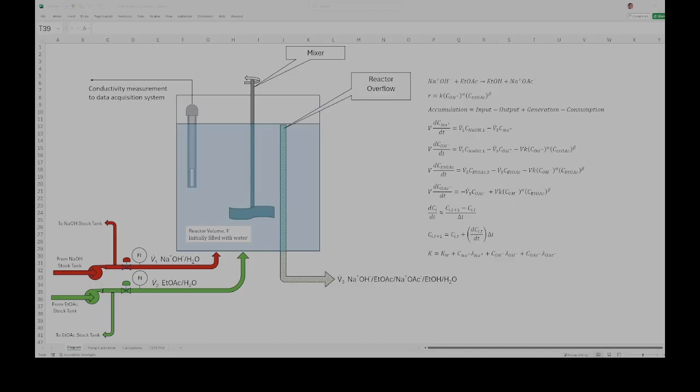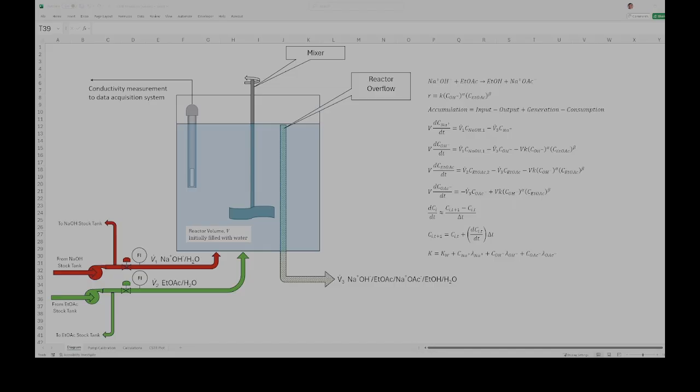Note that the sodium is in ionic form on both sides of the equation, so the sodium ion concentration will not change during the course of the reaction. Hydroxide ion, however, will change during the course of the reaction because it's going to combine with the ethyl acetate to form ethanol, and that will also liberate the acetate ion into solution.